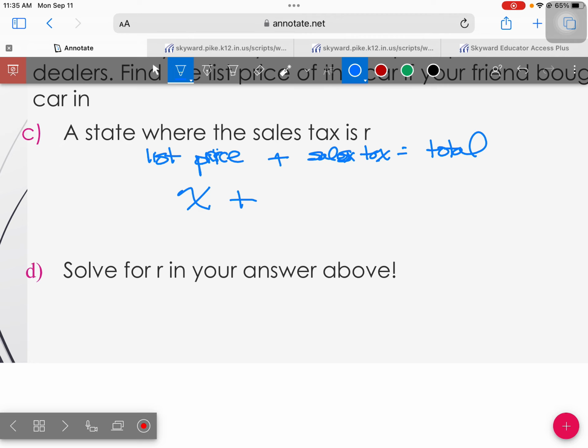How do I figure out the sales tax if it is R? If my sales tax is R, I need to say it again.